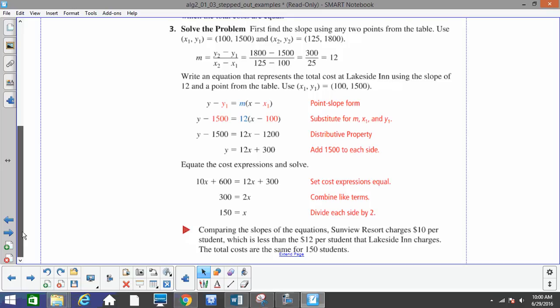So by comparing the slopes, the Sunview charges $10 per student, and the other one, Lakeside, charges $12, but the total cost will be the same for 150 students. And that's what they were figuring out at the end, kind of the break-even point.